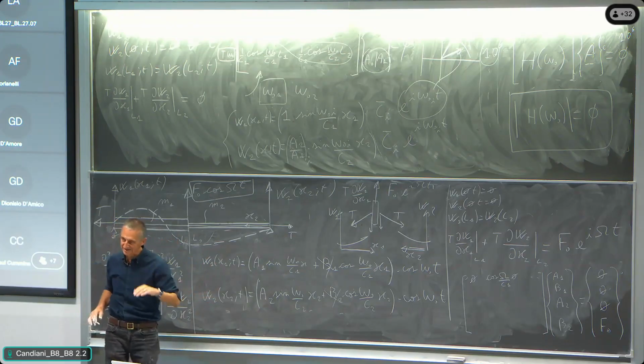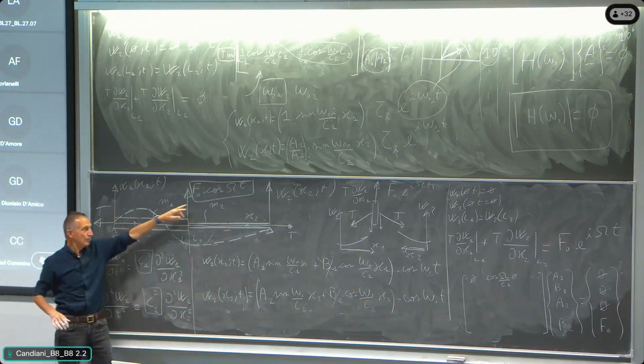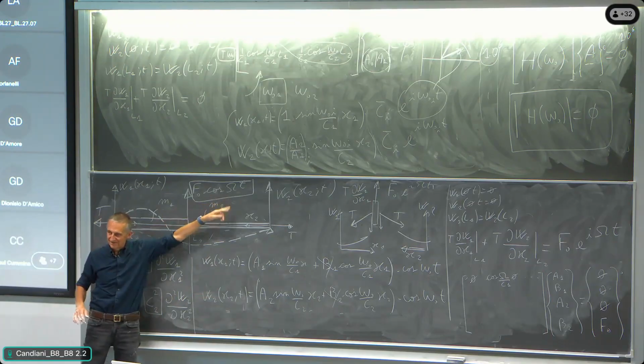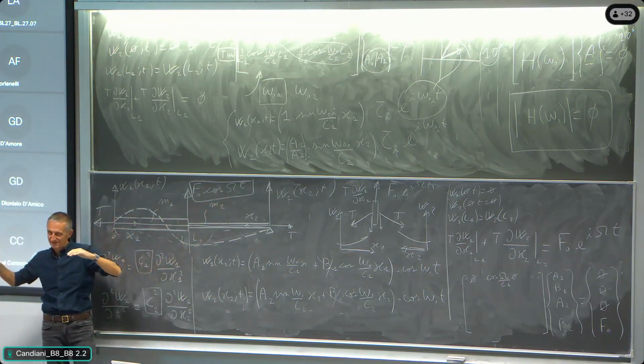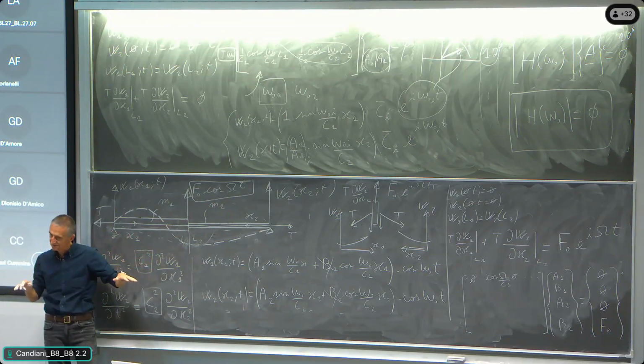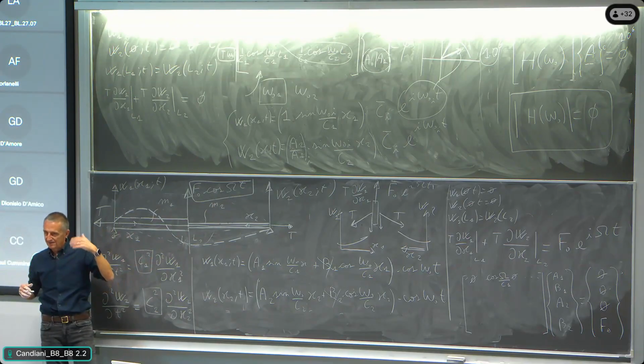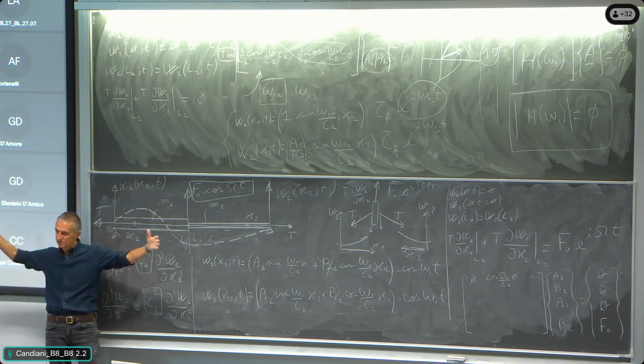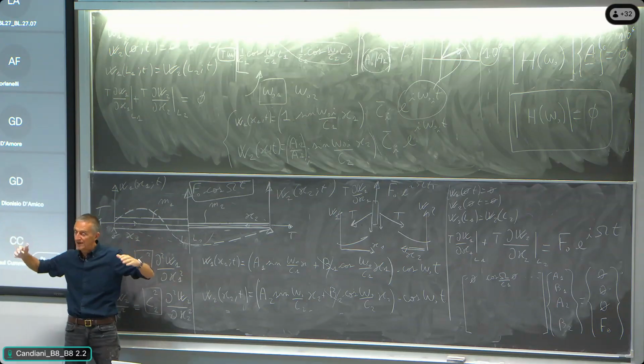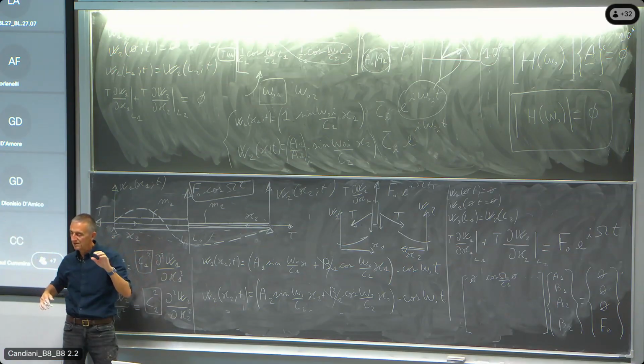So in order to say that the solution of the problem is a motion at the excitation frequency omega, it is true if the memory of the initial condition, which is exciting all the modes, each running at a different frequency, has been cancelled because those modes were damped by the intrinsic damping of the system.